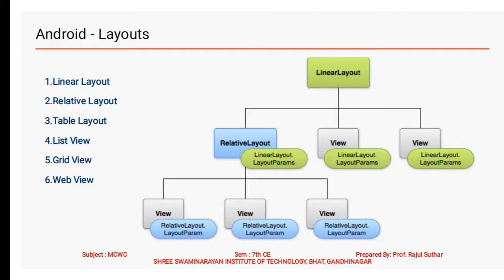Then we discussed the Android runtime, that is the Dalvik virtual machine and core libraries. We also discussed the native libraries and the application framework, as well as its applications, where we use home, contact, phone and browser. Then we also discussed the application components: activity, service, broadcast receiver and content provider.